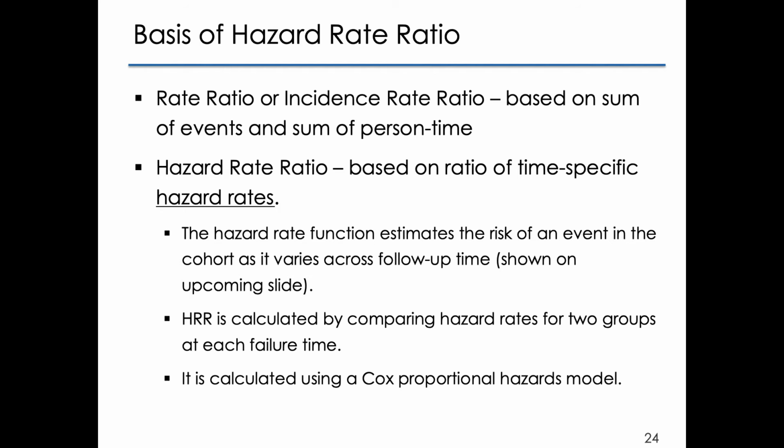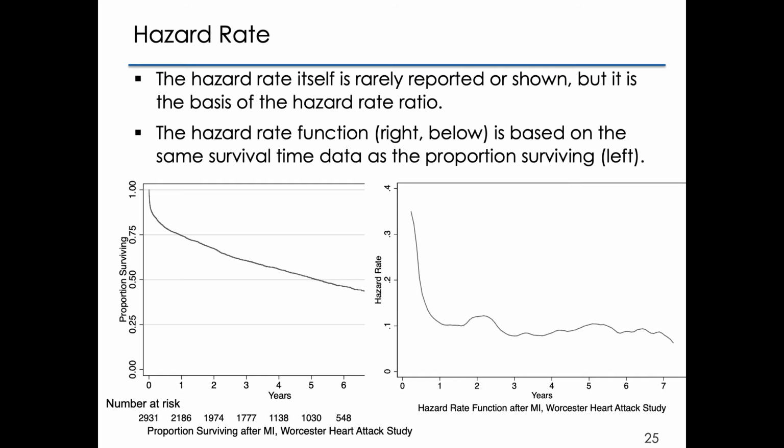And I have a couple slides coming up that I hope will help explain this. The hazard rate ratio is calculated by comparing hazard rates for two groups at each failure time. And it's calculated using a Cox proportional hazards model. Don't worry at all about what that model is, just a phrase that you'll frequently see, and that is the standard and correct method for calculating the hazard rate ratio.